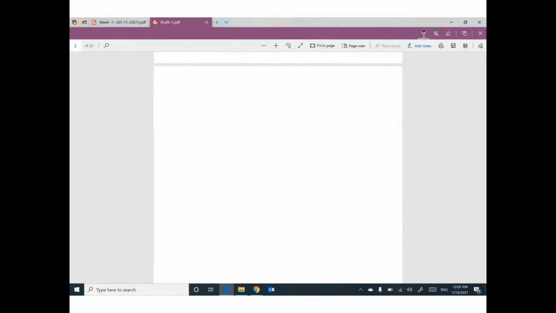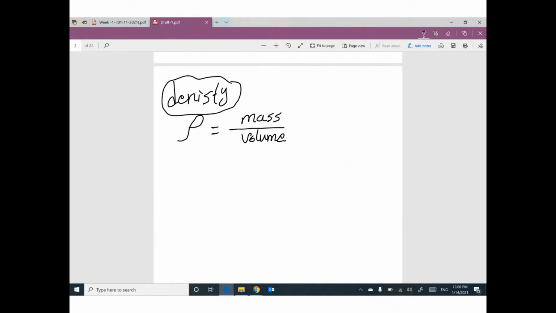We have something called density, which is rho equals mass divided by volume. For any material, we have something called density. This density can be expressed by rho equals mass divided by volume.